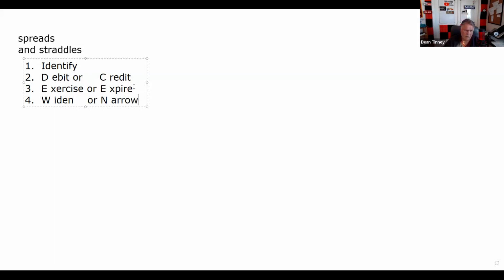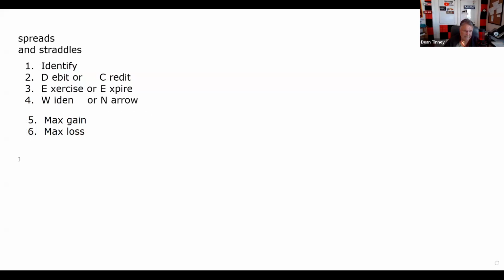We have to be able to determine max gain and max loss. One of the tricks is that the max gain, max loss always equals the difference in the strike. That's the whole point of a spread.